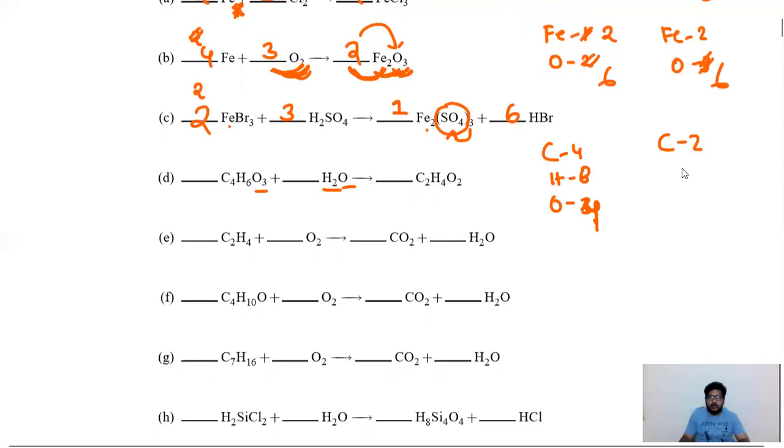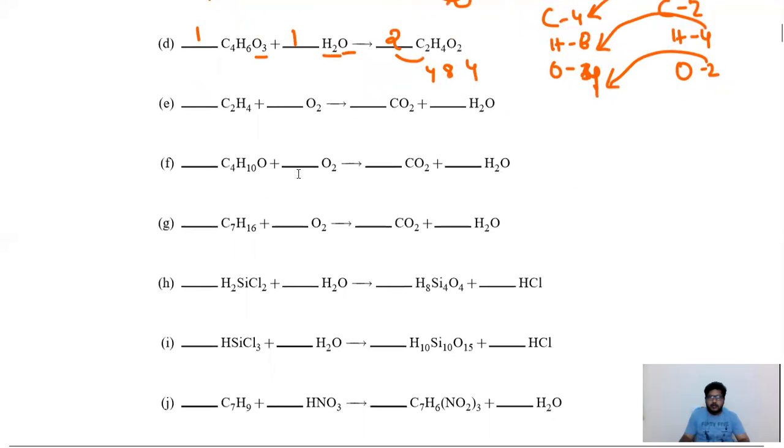Product side C2H4O2. Simply to say, 2 is half of 4, 4 is half of 8, 2 is half of 4. Just substitute 2, now carbons 4, hydrogens 4 2s are 8, oxygens 2 2s are 4. Here also same thing. So 1, 1.